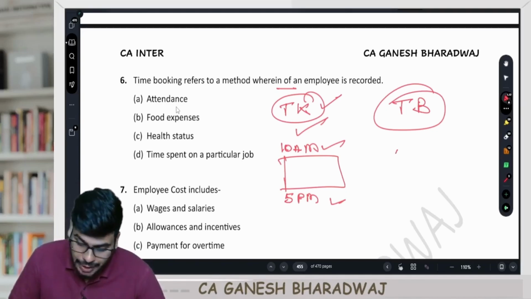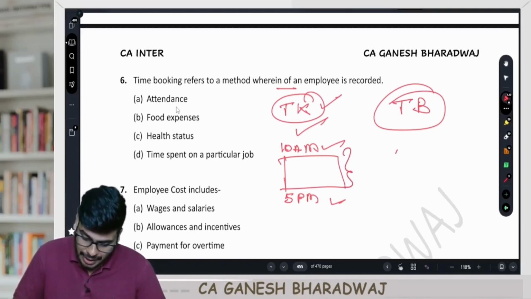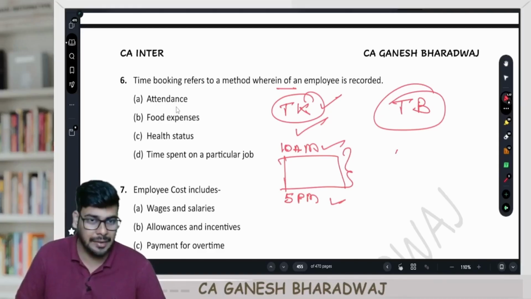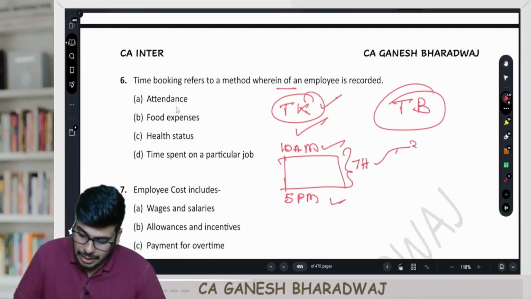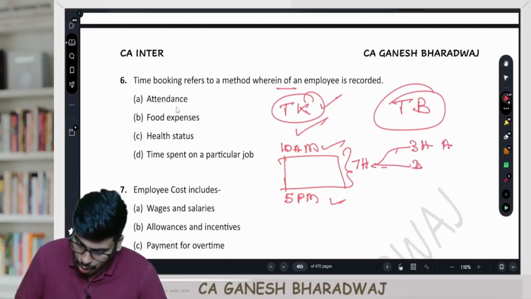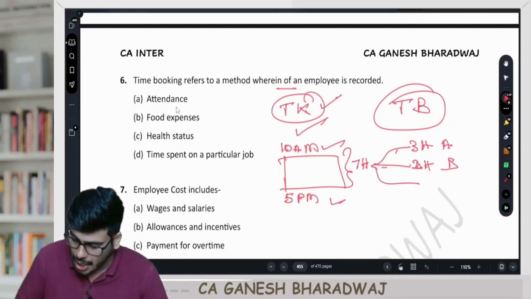Whereas time booking tells you how he has spent his day. 10 to 5 is 7 hours. Out of the 7 hours, 3 hours he spent in job A, 2 hours in job B, and 1 hour in lunch.